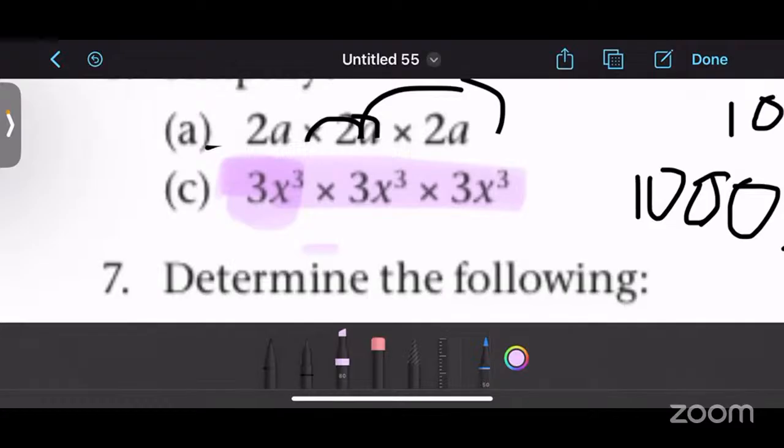Then, ma'am, it's going to give you 27x to the power 9.